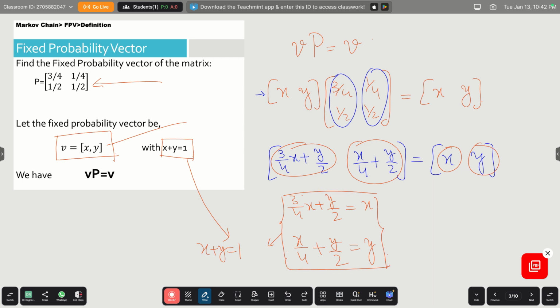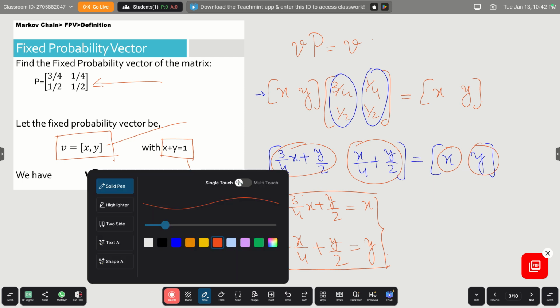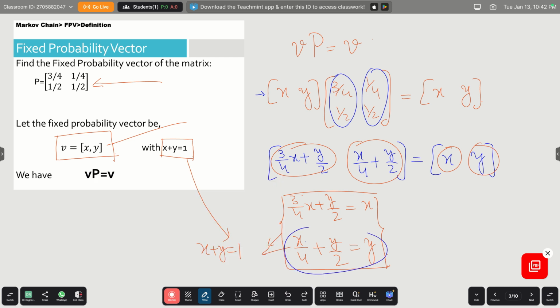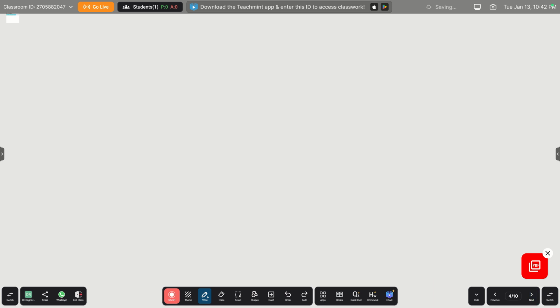I'll choose the second one, which looks a little simpler. So I'll take these two equations: one is x by 4 plus y by 2 equal to y, and the other is x plus y equal to 1. The trick is very simple.